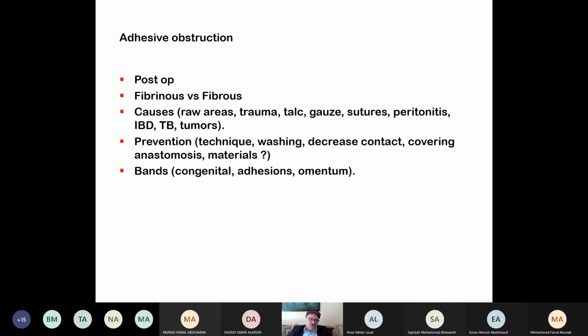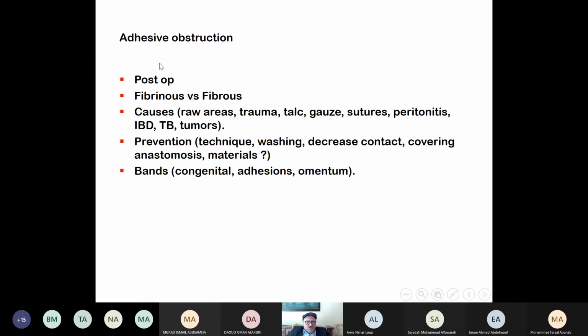The bowel movement will overcome these. But once they are fibrous, they will not resolve. But it is not necessarily going to cause obstruction. So you may have a lot of adhesions without obstruction. You may have one band and it causes obstruction.